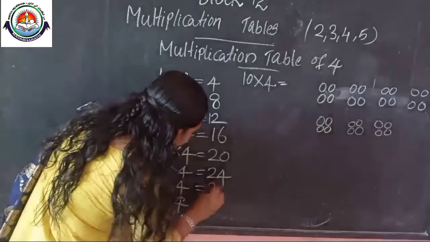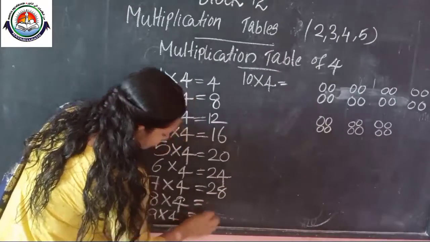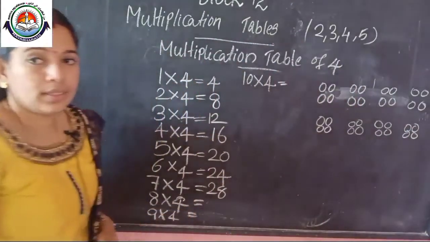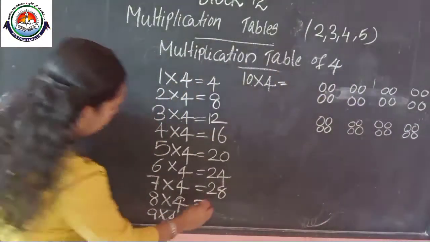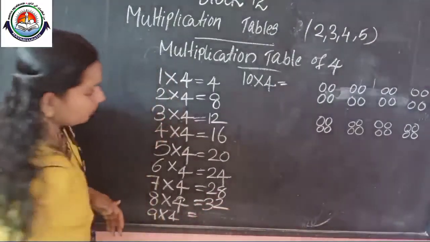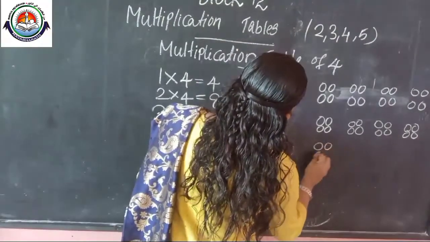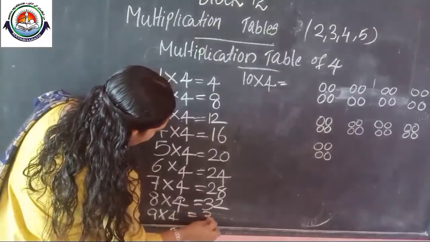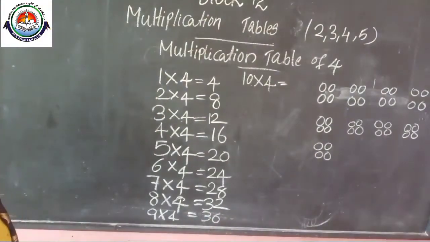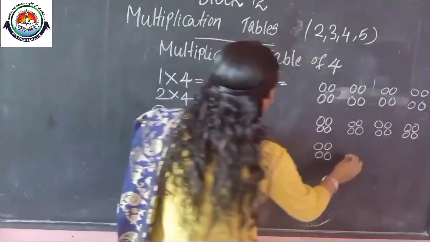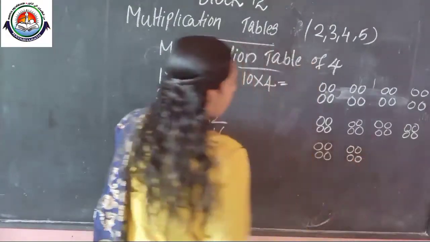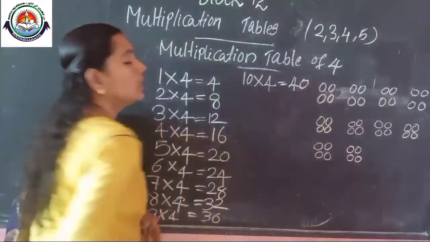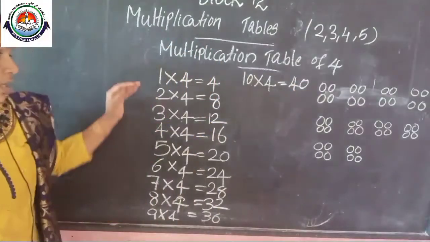Very good, 28. Then now how much? 32. Now 36, very good. Now how much? Yeah, 40. So this you want to put in a box.